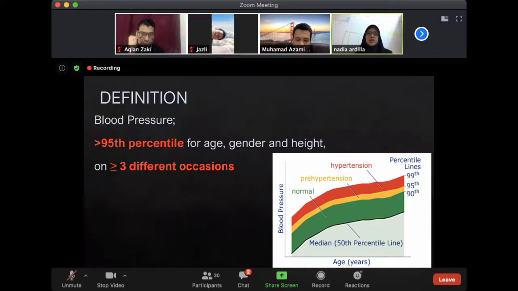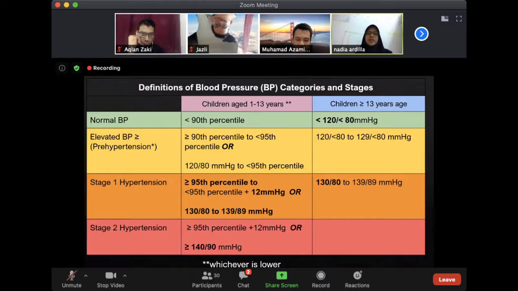These are the definitions of blood pressure categories according to age. For children less than 13 years old, their normal BP should be less than the 90th percentile. When there is elevated blood pressure before they reach stage 1 hypertension, there is pre-hypertension, where their blood pressure will be the 90th percentile or more to less than the 95th percentile.